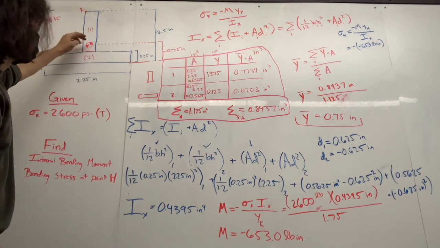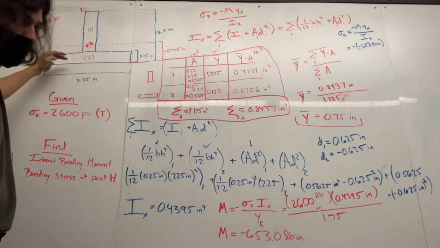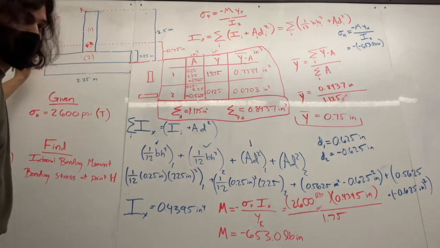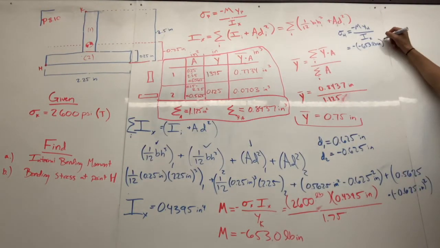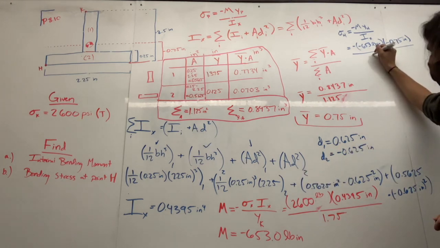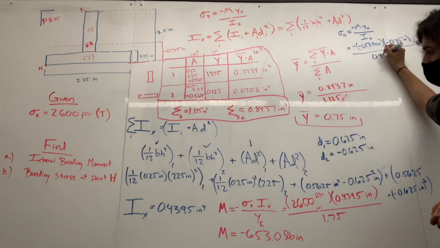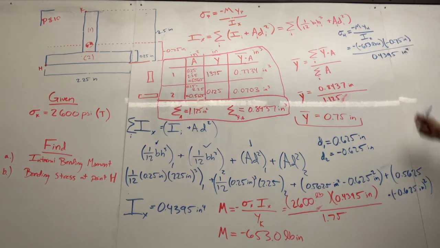But since we went from the centroid down, so since we're below the centroid, that value is negative. So our y sub h term is a negative 0.75 inches. And then that I of x is just what we calculated over there to be 0.4395 inches to the fourth.